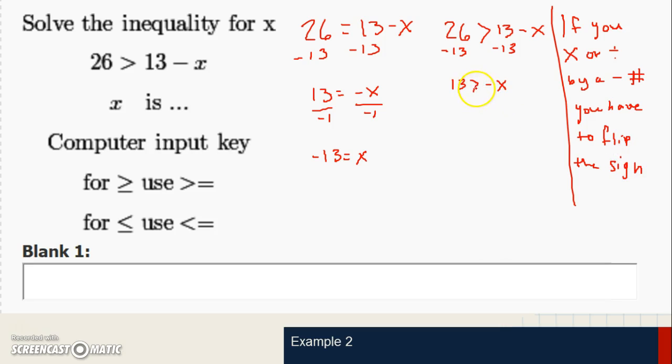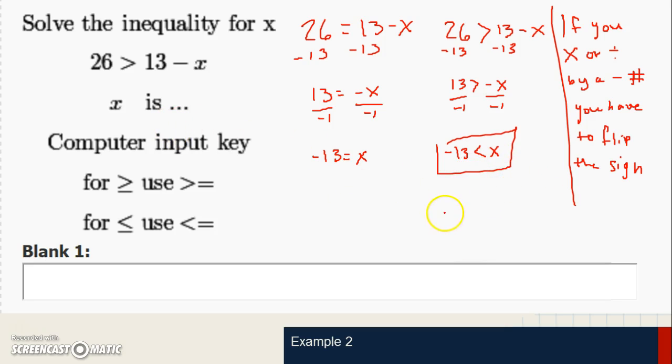So our inequality sign right now is facing to the right. It's opening to the right. So when we divide by -1 on both sides, we'll have -13 is less than x. So you can see that now it's opening to the right. It was opening to the left up here. Now it's opening to the right down here. And that's important because when I write this, it says x is.